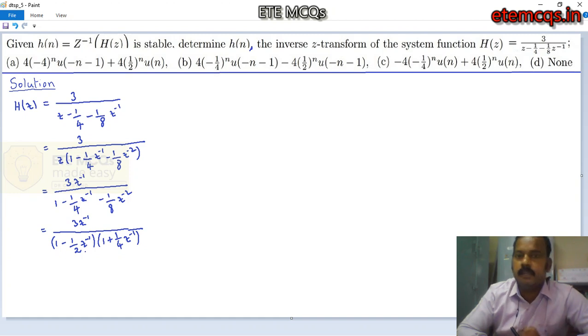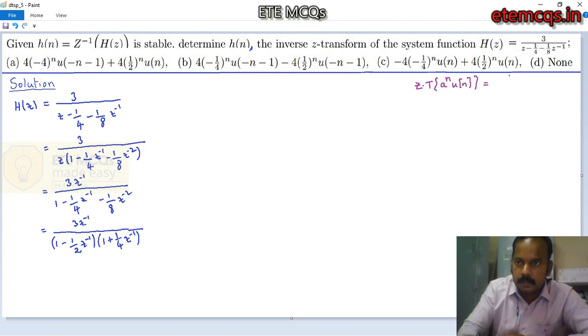Then we can find the inverse. Before we find the inverse, we need to know the formulas that are associated with the Z transform. The Z transform of a power n into u of n is equal to 1 divided by 1 minus a z inverse.